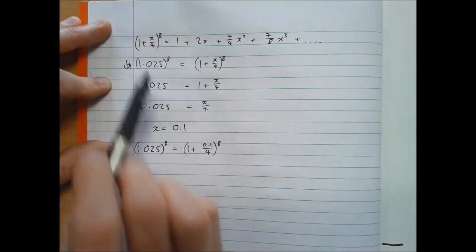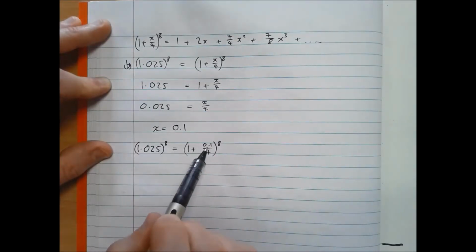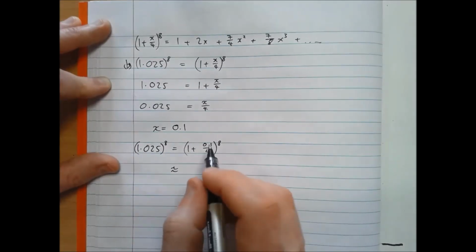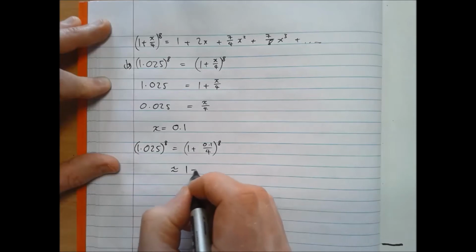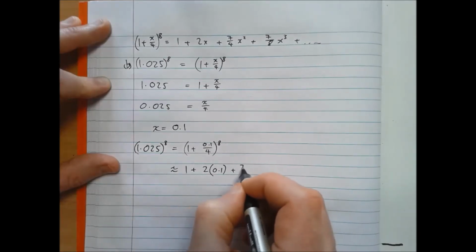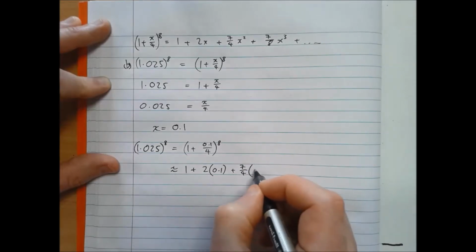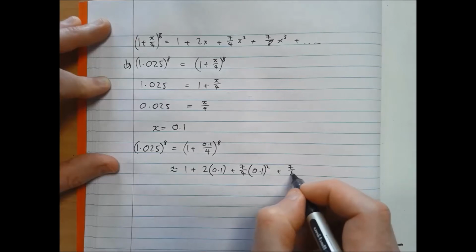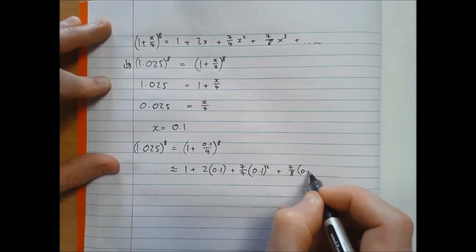So we've replaced the x there with our value for x of 0.1. And that is very close to the value of 1 plus 2 times 0.1, plus 7/4 times 0.1 squared, plus 7/8 times 0.1 cubed.